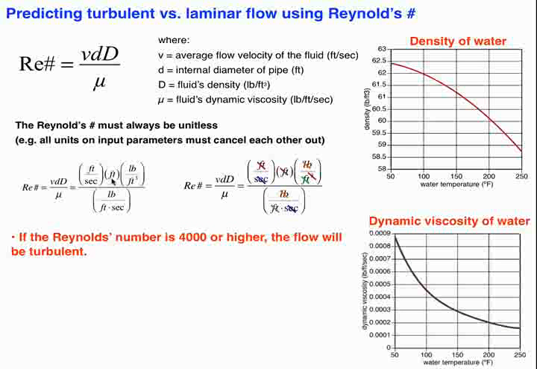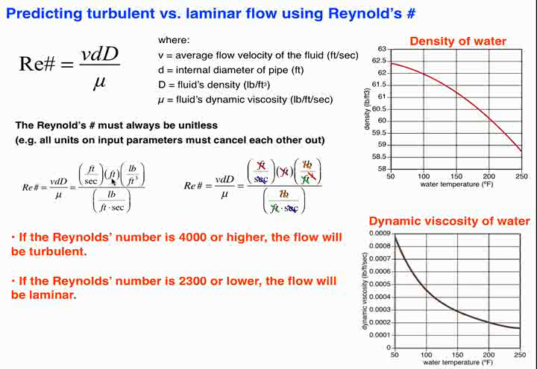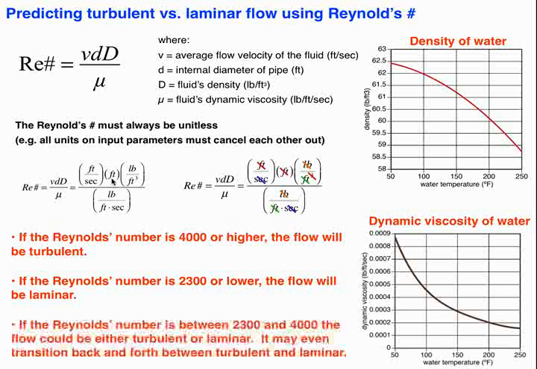Now, once you calculate that number, you can determine whether the flow through the pipe is laminar or turbulent. If the Reynolds number is 4,000 or higher, the flow is going to be turbulent. If the Reynolds number is 2,300 or less, the flow is going to be laminar. You might say, well, what happens in between? Well, it's a zone of uncertainty.